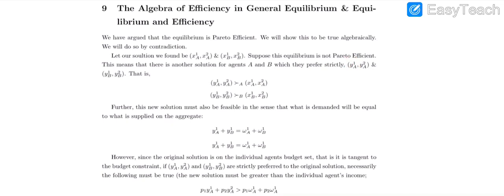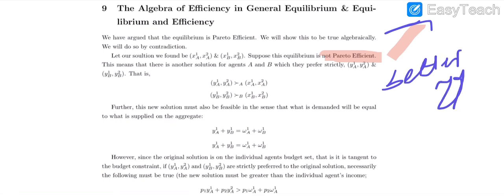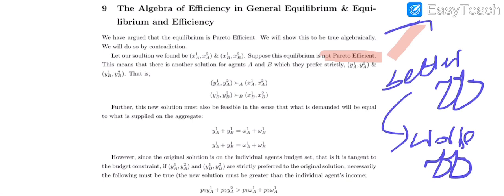If you recall the concept, Pareto efficient was that someone is better off and the other is not worse off. Here we assume that the equilibrium is not Pareto efficient, and there is another solution for agents A and B which they prefer strictly.